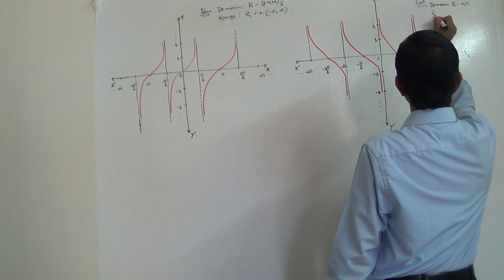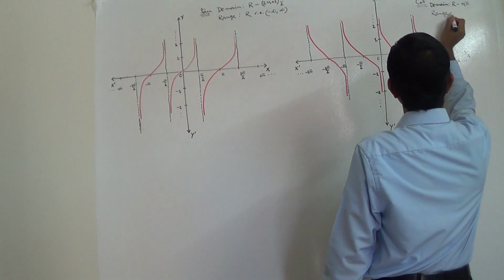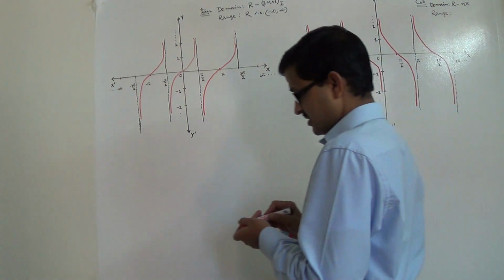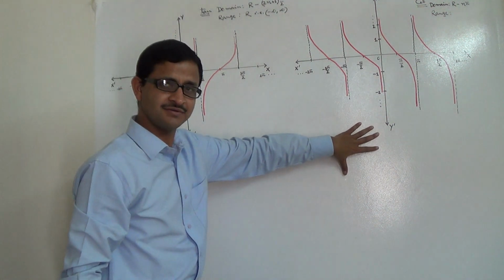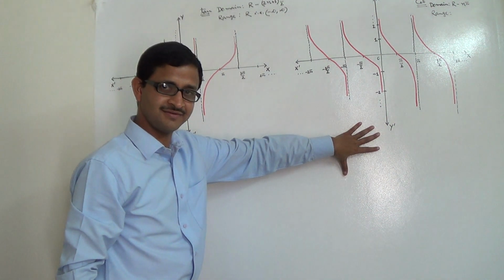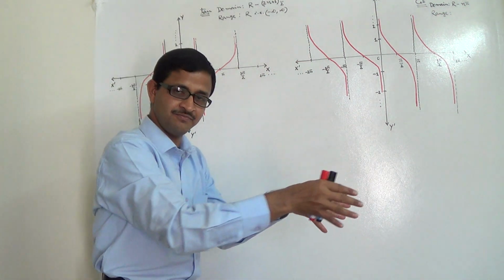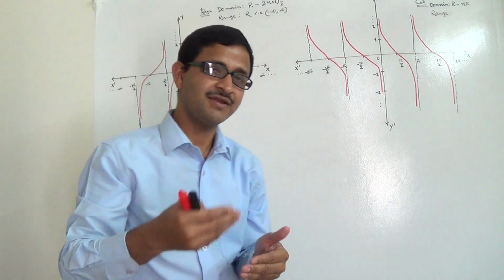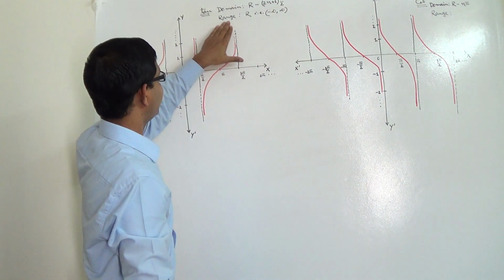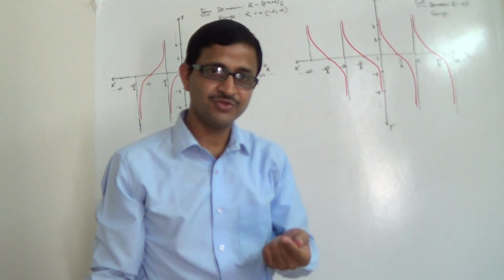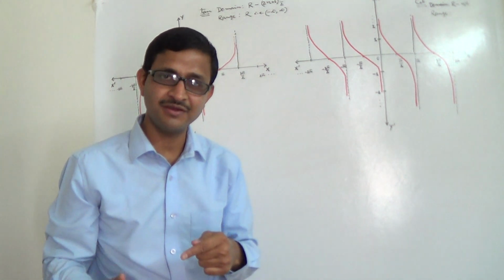And what is the range? Range we see is that it is any real number, right? Any real number is getting covered. So if you think in another way, the range of the function tan is the real numbers, so its reciprocal should also be a real number.